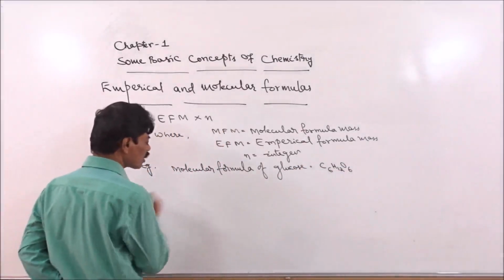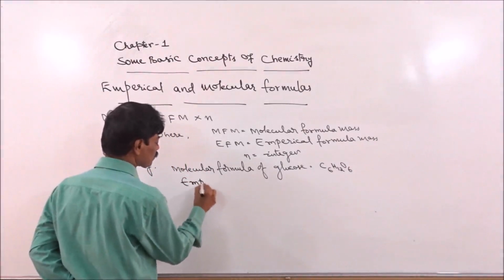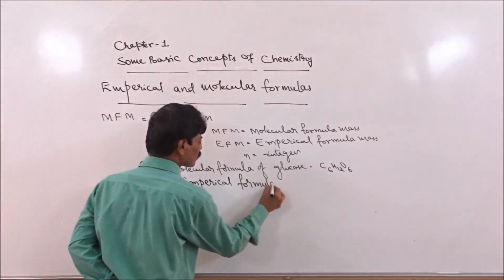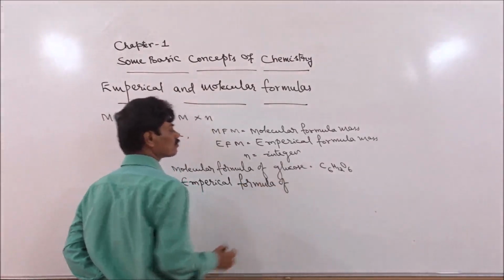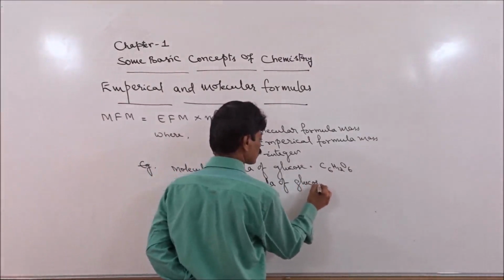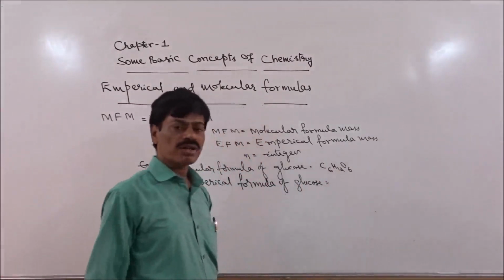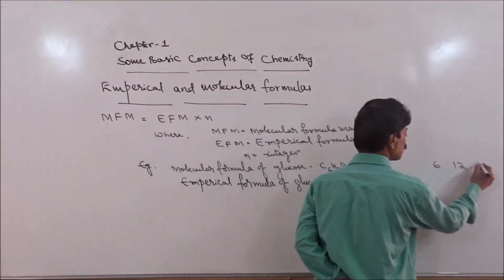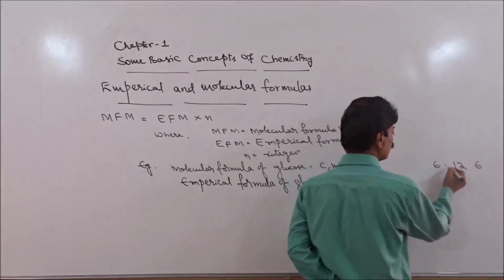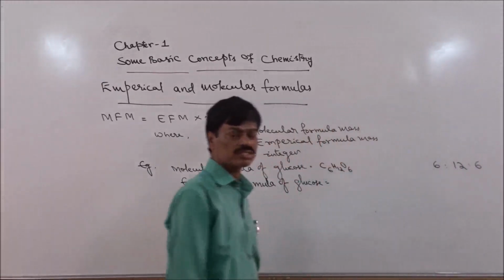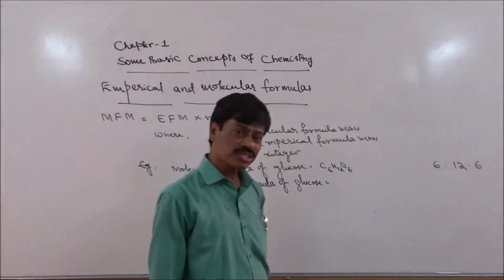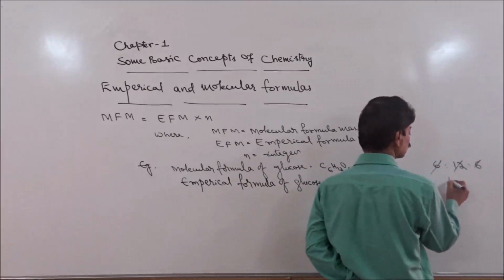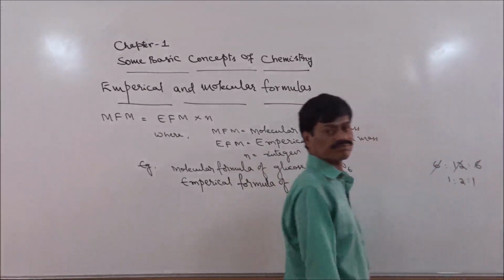Now, its empirical formula, let us see. Empirical formula of glucose. Here the number of carbon, hydrogen and oxygen atoms are 6, 12, 6. If you take the ratio 6 is to 12 is to 6, this ratio can be further minimized to 1 is to 2 is to 1.